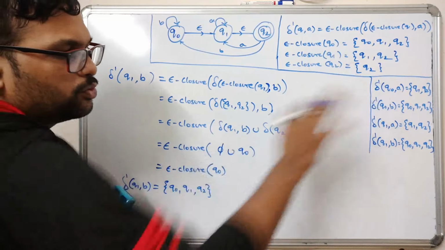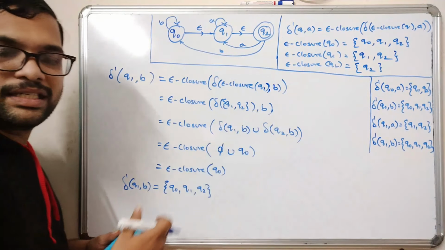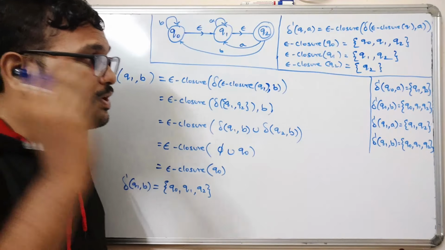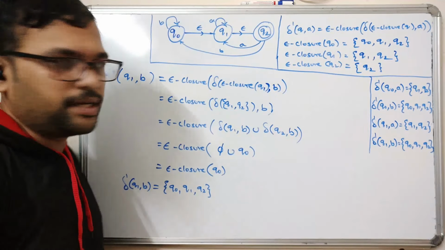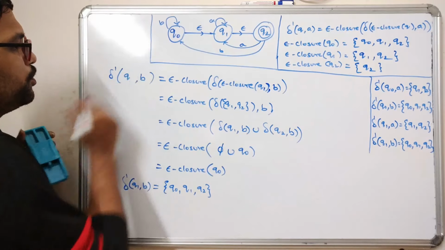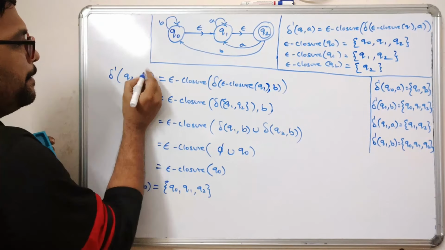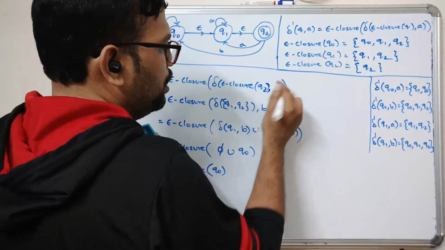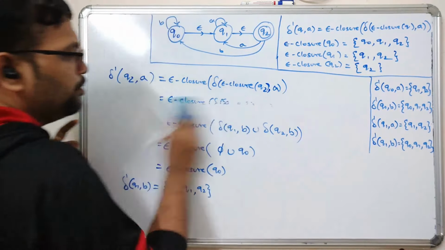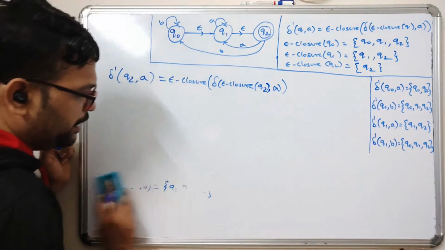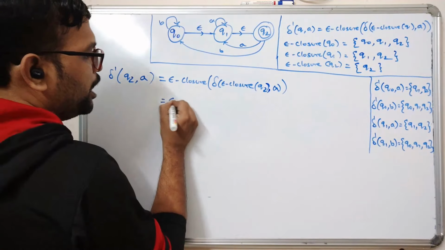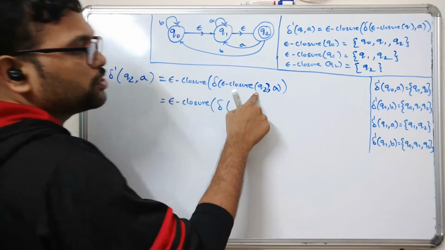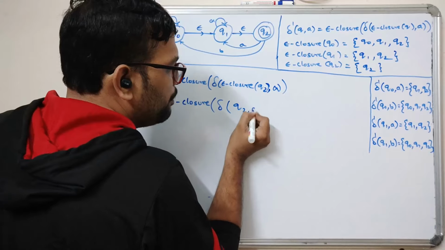We have completed the two states over the transitions on input symbols A and B. Now we have to find out the transitions for input symbols A and B of the Q2 state. So now let us go with Q2 on A. Epsilon closure of Q2 is nothing but Q2.